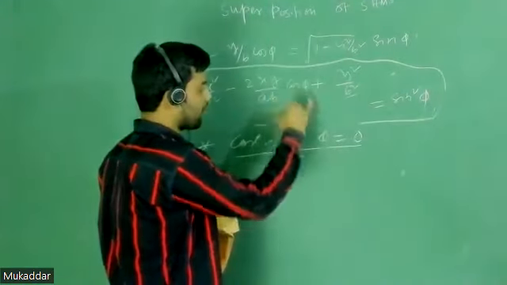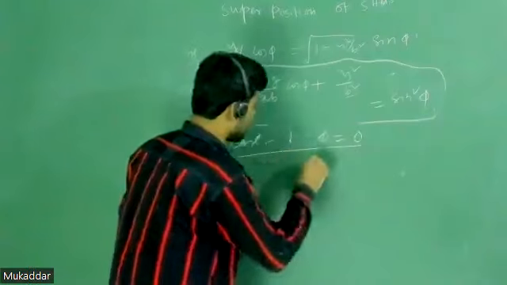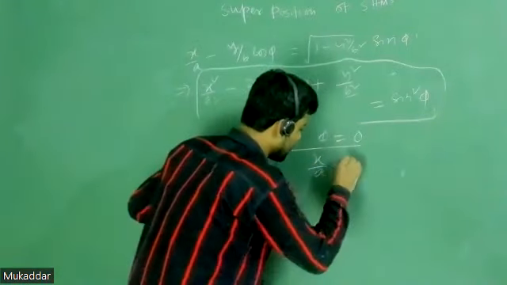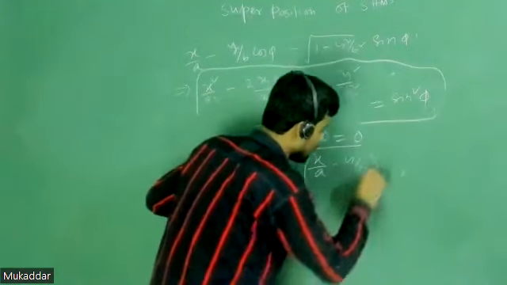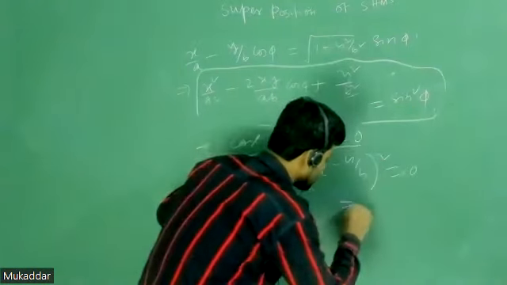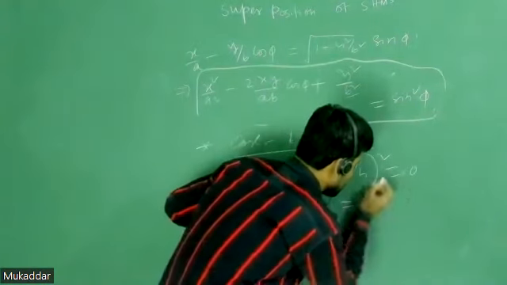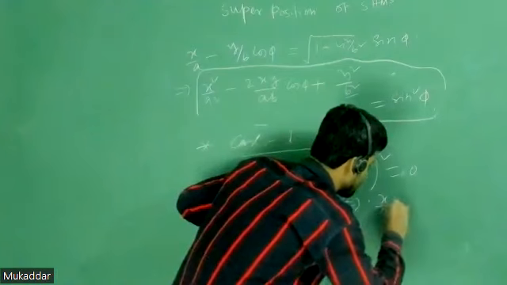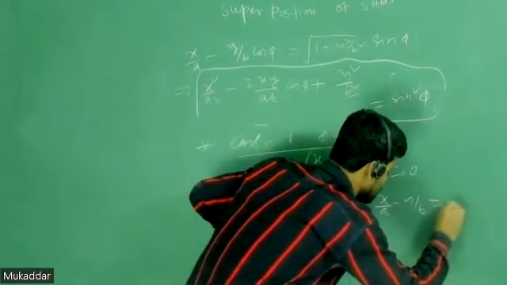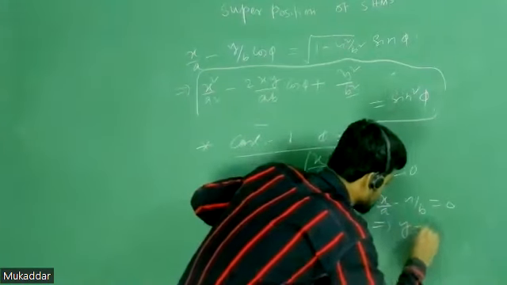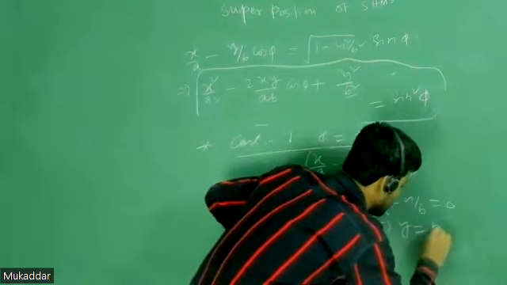So if you substitute phi equals 0, you will get this kind of equation: (x by a minus y by b) square equals 0, which implies x by a minus y by b equals 0. It means y equals b by a into x. So you can show that trajectory.